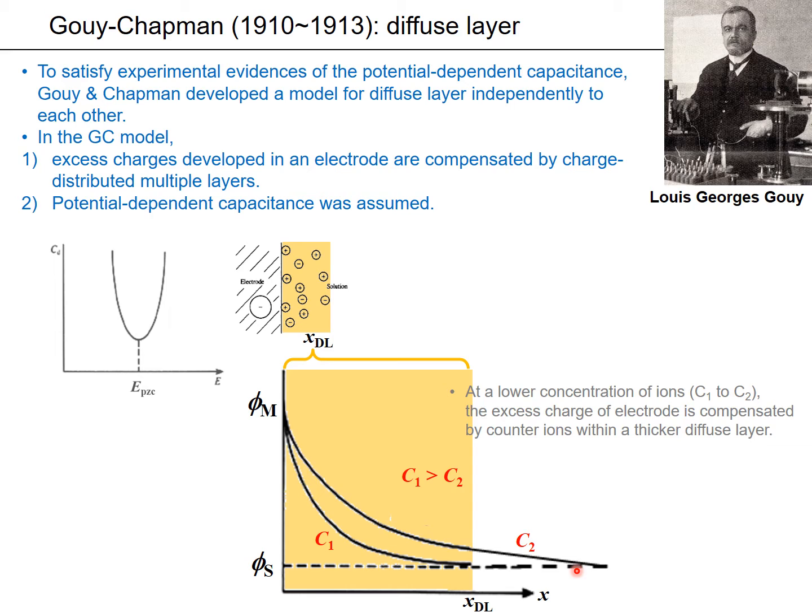Because we have a smaller number of ions at lower concentration, to compensate the same amount of excess charge we need a thicker volume of electrolyte. That is to say, the diffuse layer thickness increases with decreasing concentration.